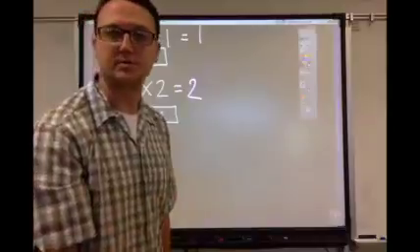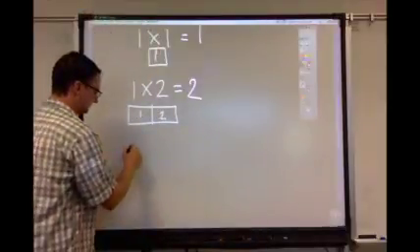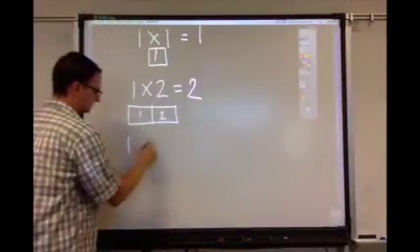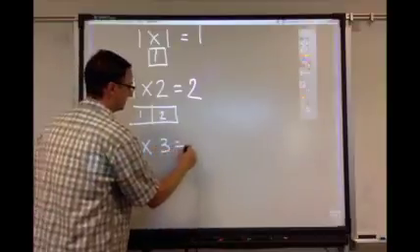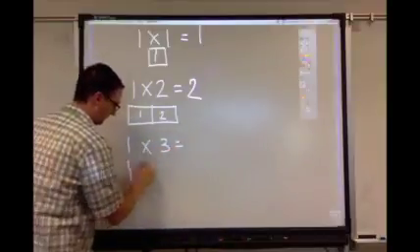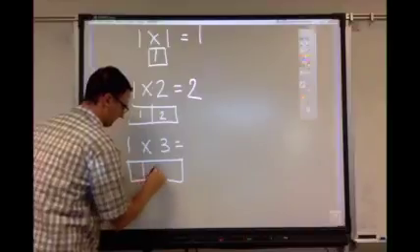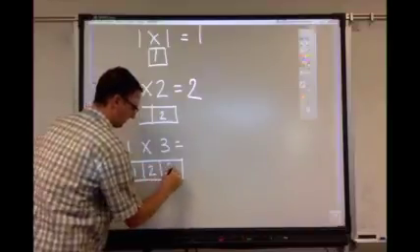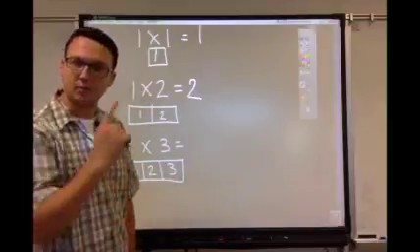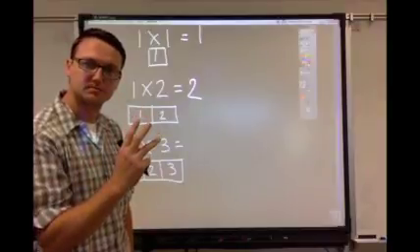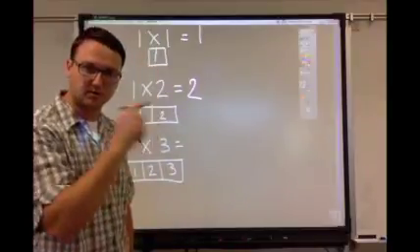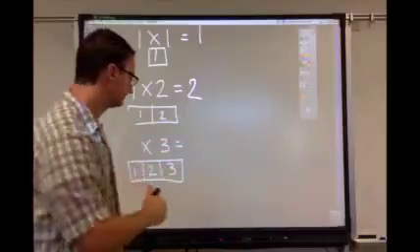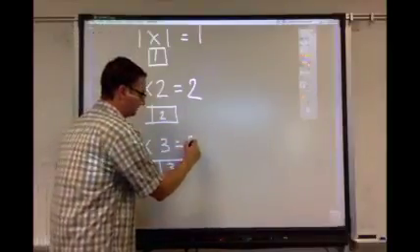Let's do 1 times 3 and see what happens. So I have one row, 3 columns. Columns are vertical, rows are horizontal. 1, 2, 3.